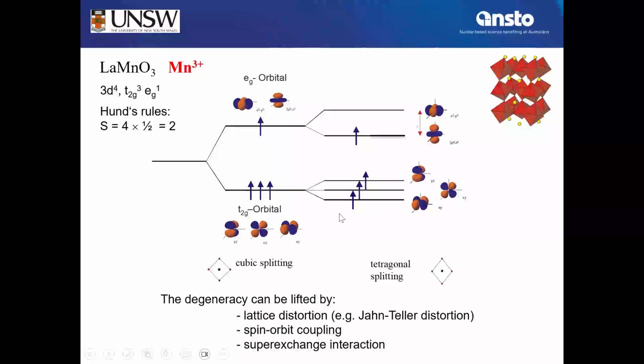Now we have our 4 electrons available, and we fill it up in the so-called high spin state according to Hund's rules. So we end up with a total spin of 4 times 1/2, total spin of 2. Actually here for completeness is also the shape of the different 3d orbitals. So Mn3+ free ions, we have a total spin of 2.